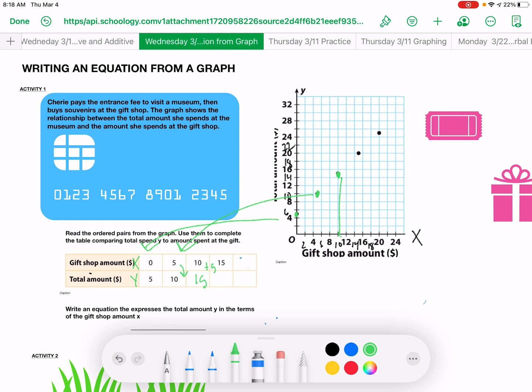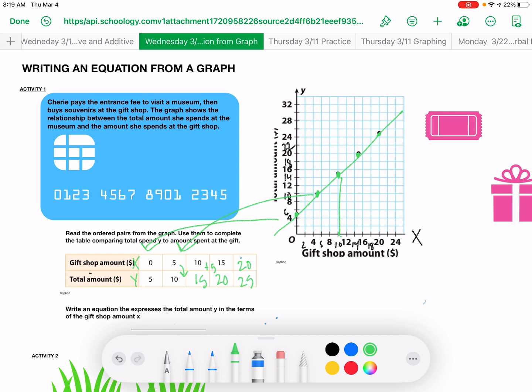Again, on your graph, I'm going to go to 15, and you go up, and we're going to be at 20. Then you come over to 20, and you go up, and you are at 25. I'm going to draw my line.